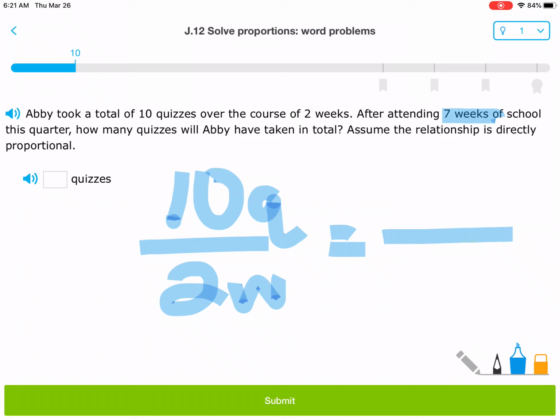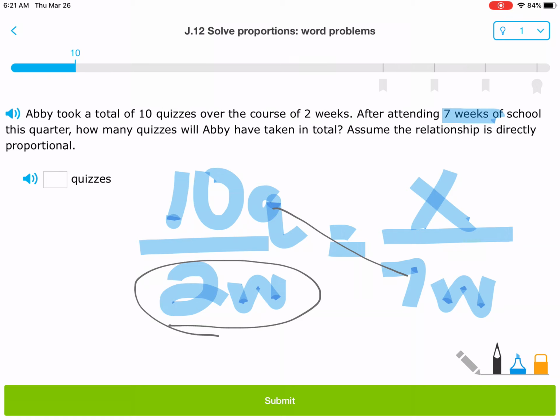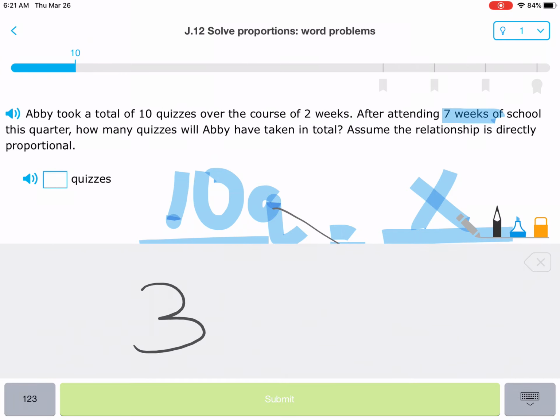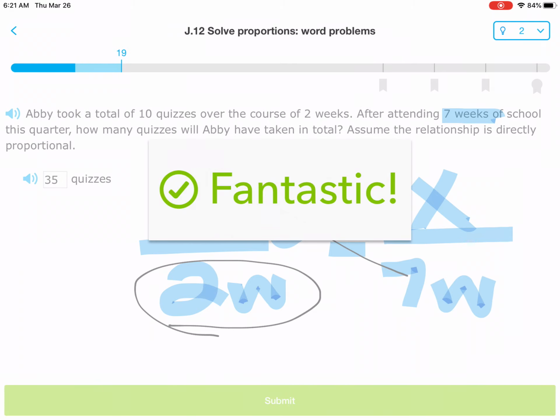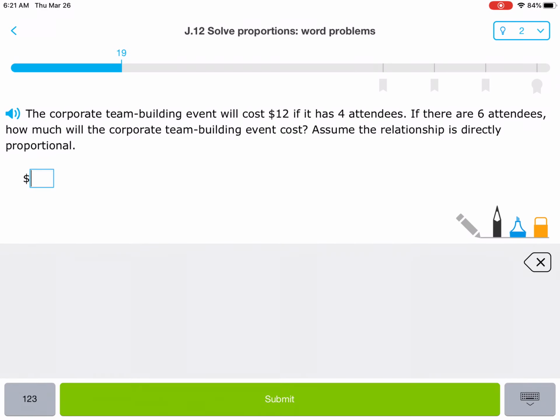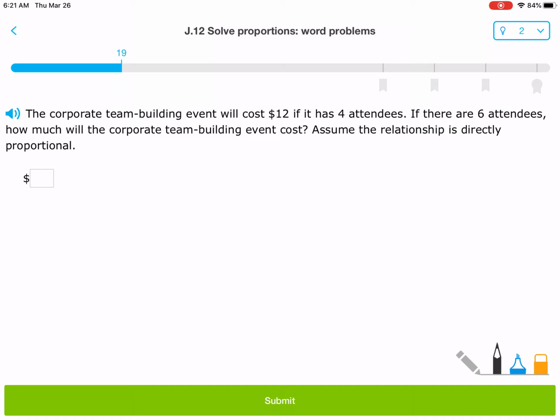Well, the label was weeks, so it goes on the bottom for weeks, and X is going to go on the top. So cross multiply, 10 times 7 is 70, and 70 divided by 2 gives me 35. So notice when I did that one, I had some labels so that it would help me.